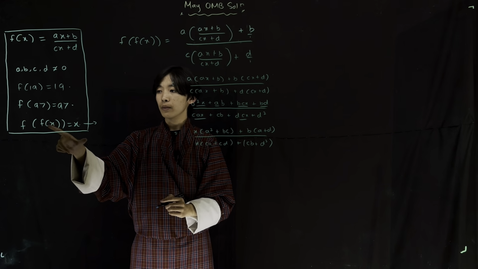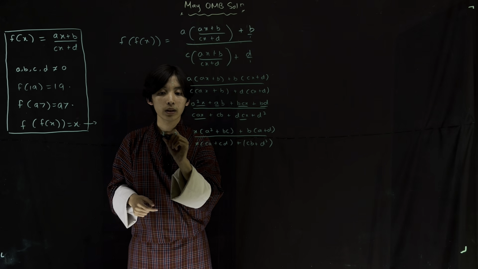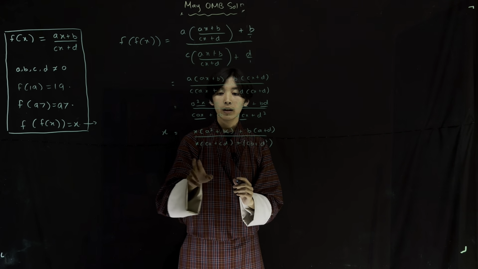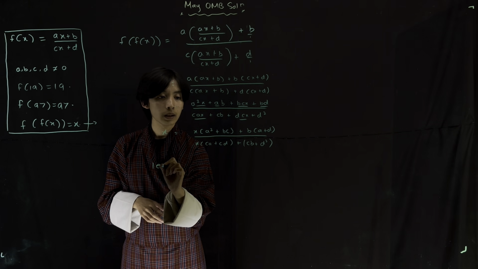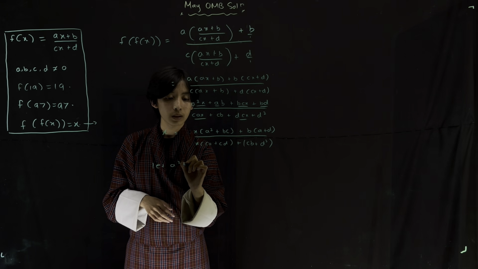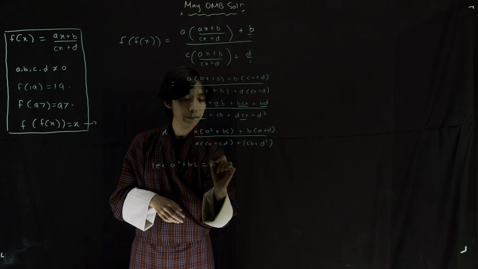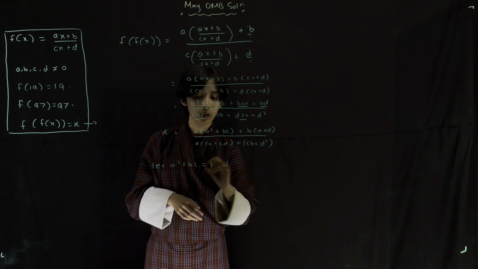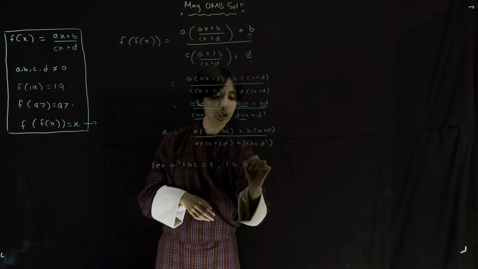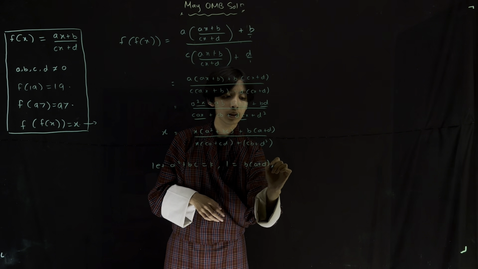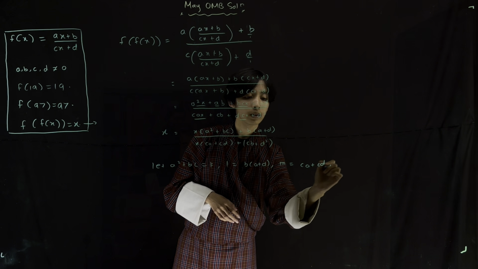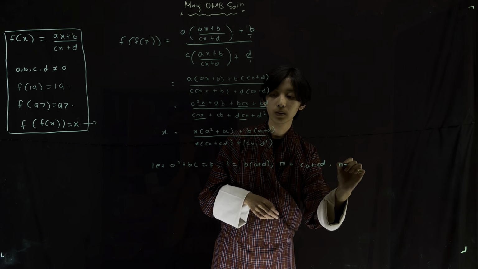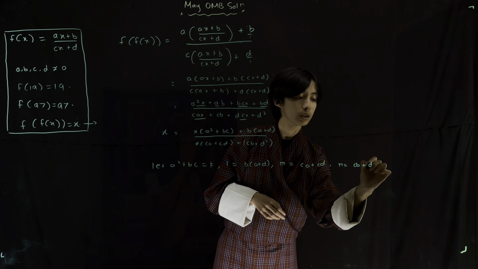So we know that f of x is equal to x, so we can just write it as x in this case. Now to simplify this equation, we can say let a squared plus bc be equal to k, l be equal to b times (a plus d), m be equal to ca plus cd, and then n be equal to cb plus d squared.